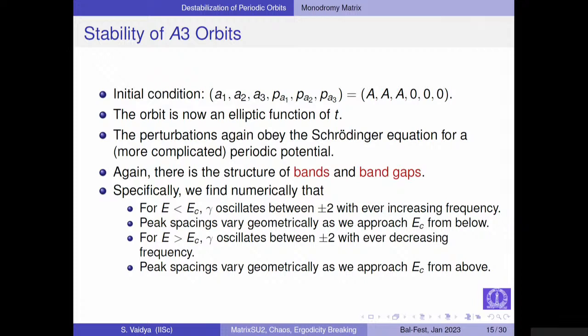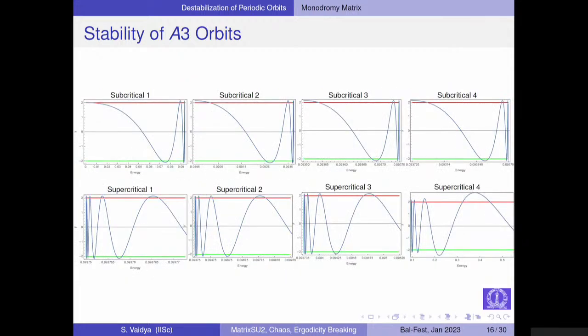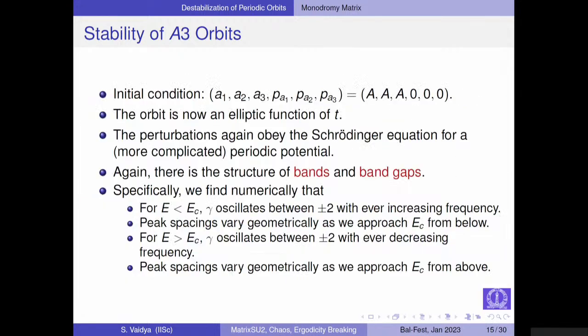So again, you get a Schrodinger equation for a particle in a periodic potential, but this potential is a more complicated one, because the starting point was an elliptic function rather than an ordinary harmonic function. But again, we have bands and band gaps.